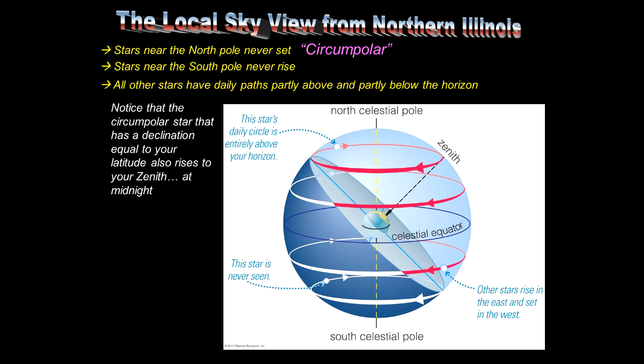Okay, so I already discussed how a special one, the one that's at your latitude, actually defines the star that will be first circumpolar in the northern hemisphere. It'll never go beneath the horizon.